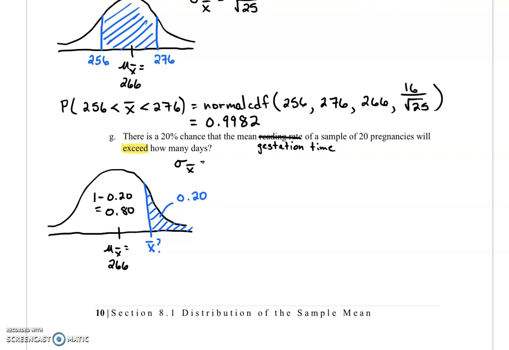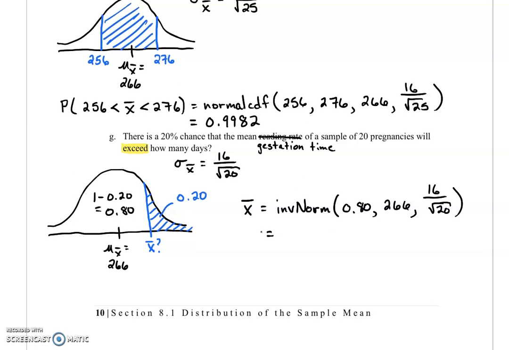Again, our standard error is standard deviation of the population divided by the square root of the sample size. So this time, the unknown value of X bar we're looking for is the inverse norm of the area to the left, which is 0.80, the mean, and the standard deviation, which in this case is the standard error of the mean.